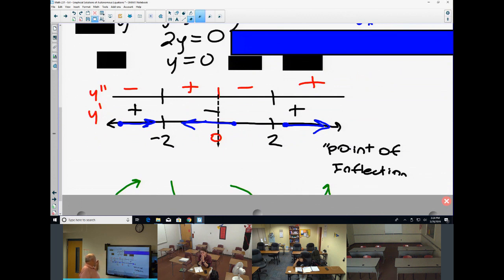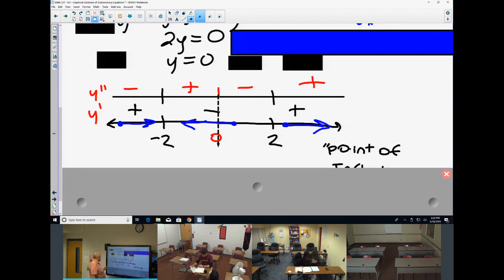We're going to use the first and the second derivatives and what you wrote down at the bottom of page 1 to think about what the graph is going to look like. This is going to be important for what we do next. So think about what the shape of the graph is.